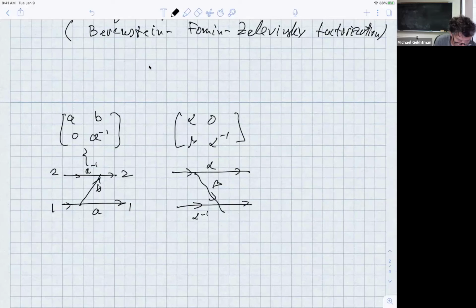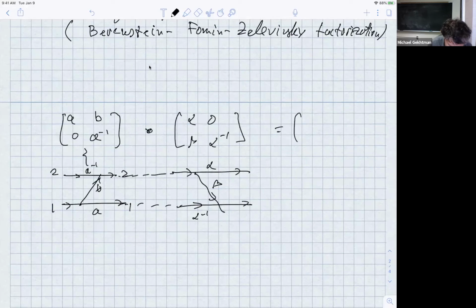It is easy to see that with this setup, when I multiply matrices, I can multiply these pictures as well, and that just results in concatenation of diagrams. So the product of these 2 matrices produces an element in SLn.